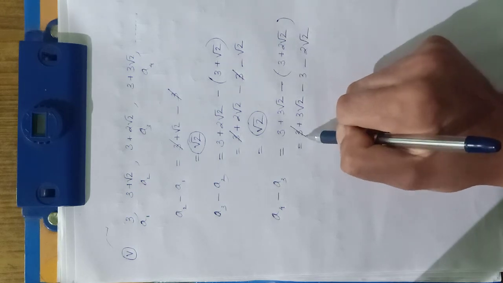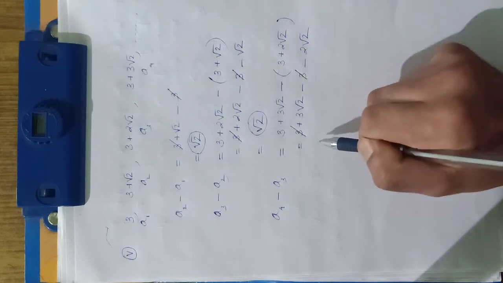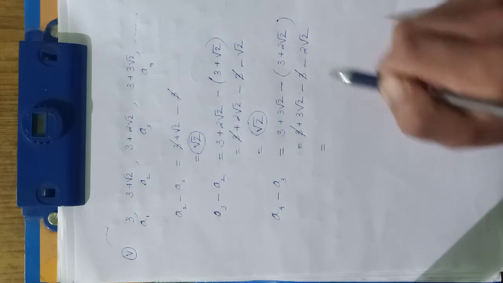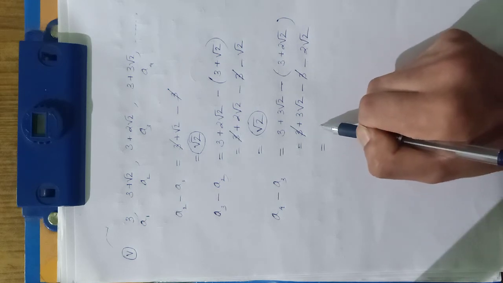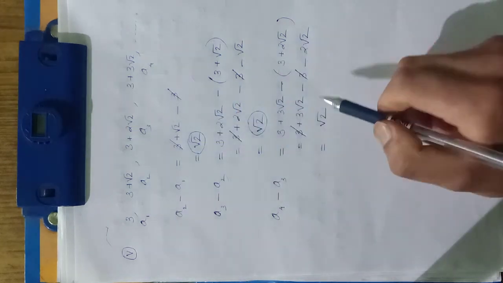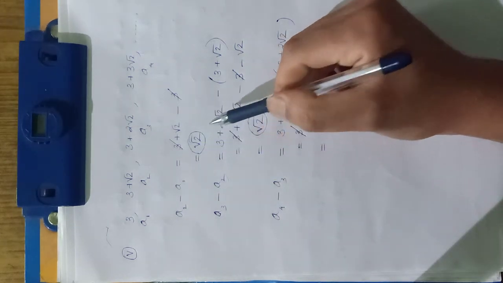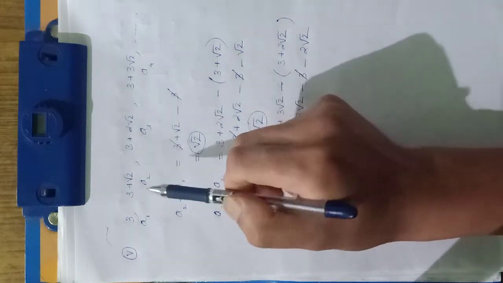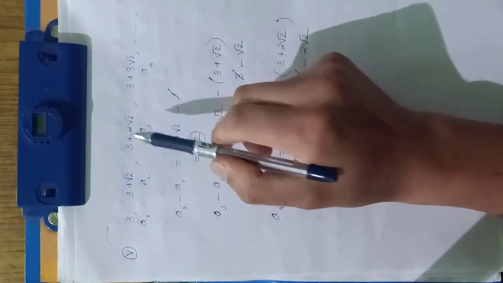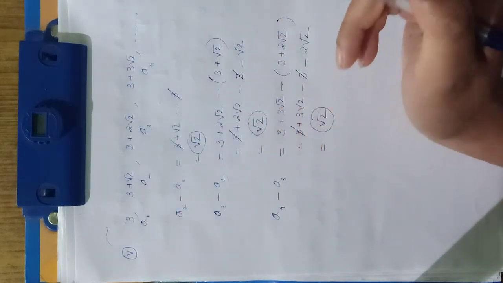Then this positive 3, negative 3 can be cancelled out. Then 3 square root of 2 minus 2 square root of 2 gives us square root of 2. Now, in all three cases, we see that the differences are equal. So the difference between each of the consecutive terms is equal, so the given series is an arithmetic progression.